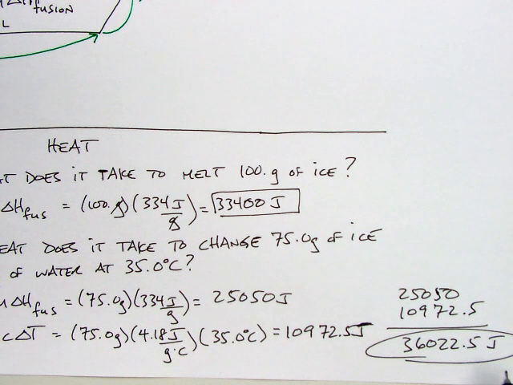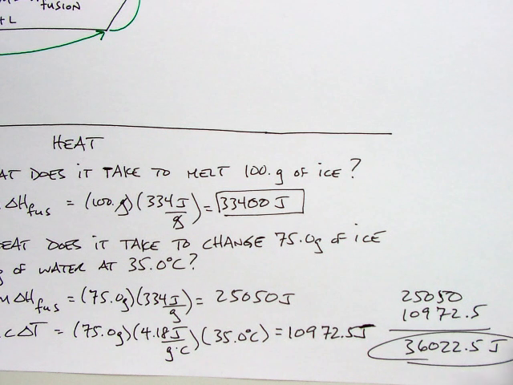So when you're dealing with phase changes and heat calculations, just recognize you're going to be using multiple steps of calculations. You're going to have some different constants that you're going to need to know to use.